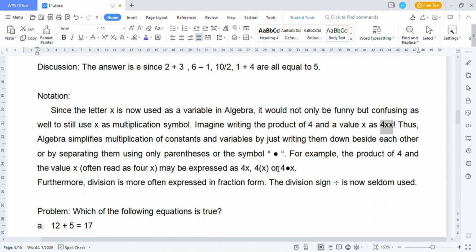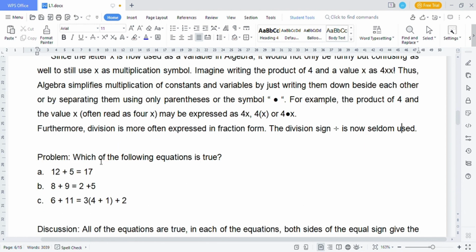So if we will use the multiplication sign, we will have to use parentheses or this bullet form. Furthermore, division is more often expressed in fraction form. The division sign is now seldom used. So in this case, we are using the fraction form for division.